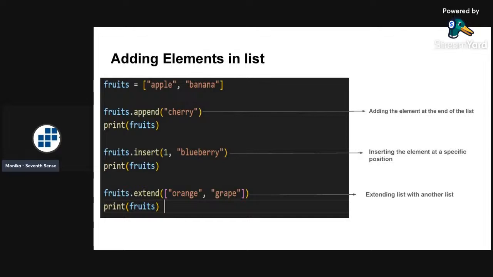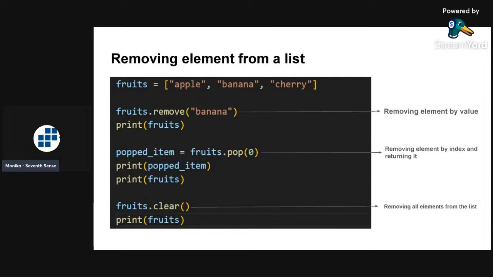Let's go for the next concept, that is removing elements from a list. So, how will we be removing the elements? Here I have a list, that is apple, banana and cherry. So, what are we doing here? We are removing the element by giving the value.